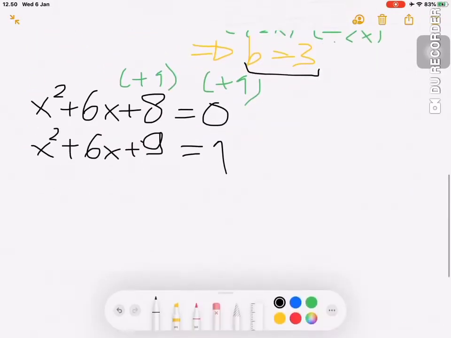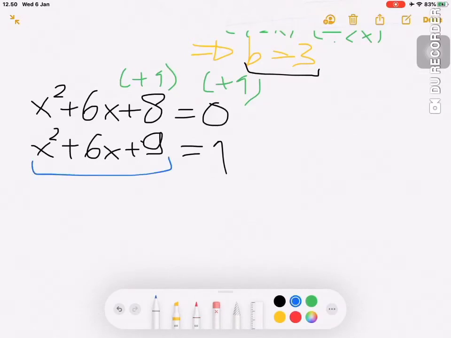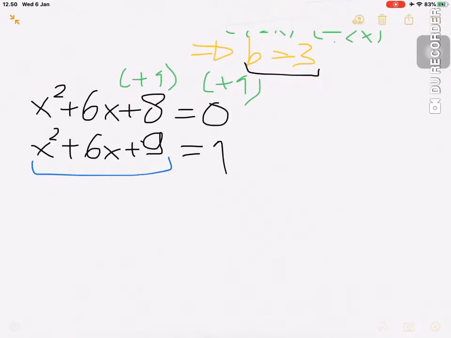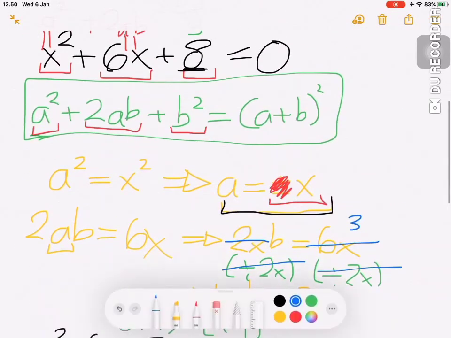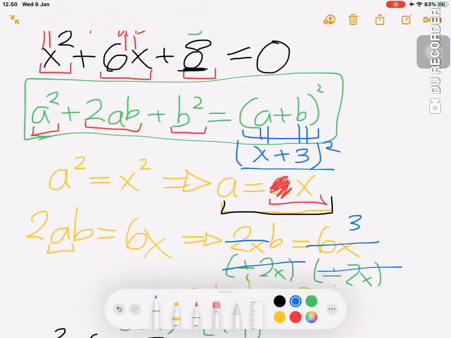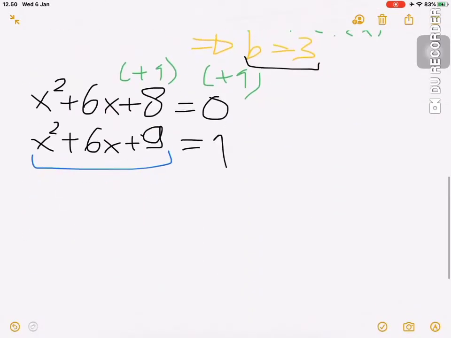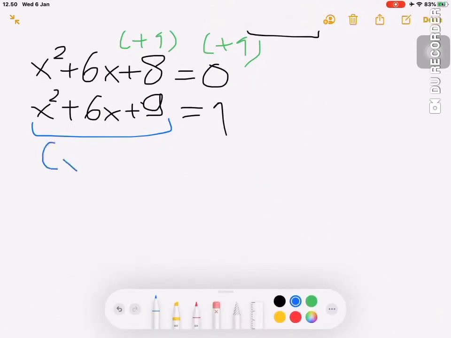Okay, now we recall that we have the following: a equals x and b equals 3. We're given that this is a perfect square, so we can just factor it as follows, using the formula. We know this is equal to x, this one is equal to 3, adding up, and you can rewrite this on the back right there.